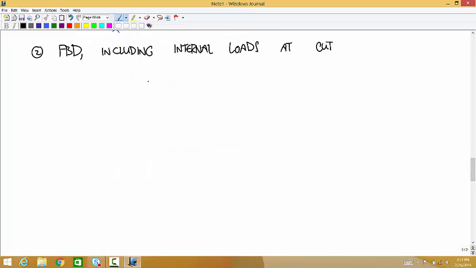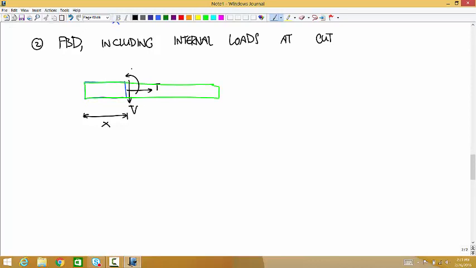So in that example, your internal loads would be a tension T, shear force V, bending moment M, and then a torque T.